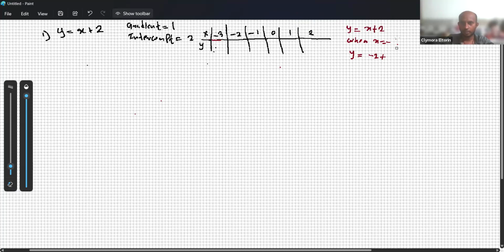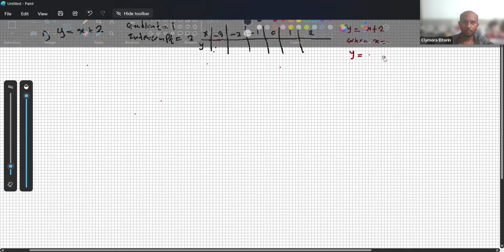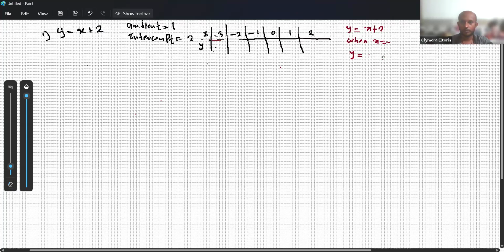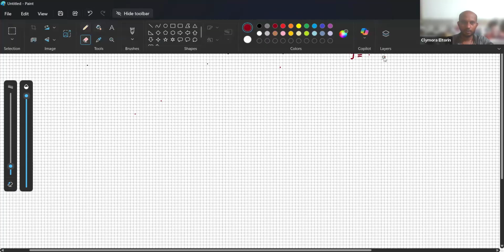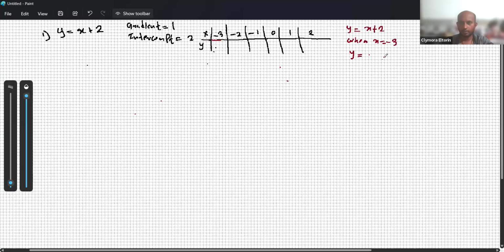Okay. When x becomes minus 3, let's see. Minus 3 plus 2 means minus 1, right? Here minus 1. I wrote it to explain properly for you.